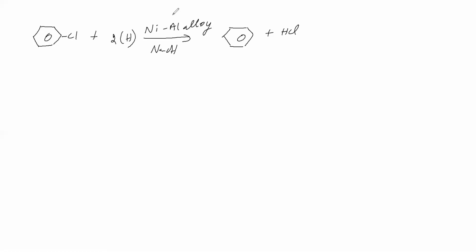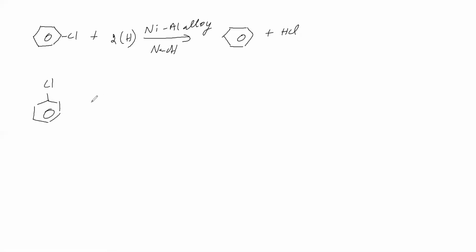Now, in the aryl halides, we will see ring substitution. Now we'll take chlorobenzene.